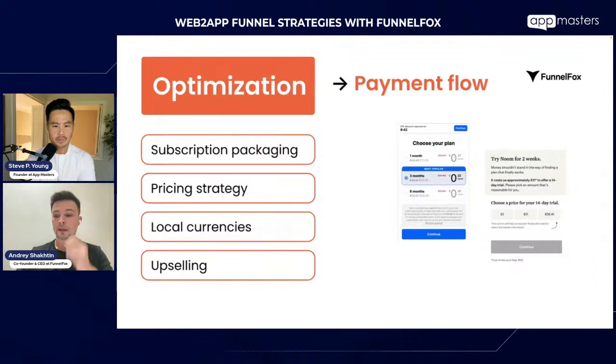Yeah, I would mention the two most common subscription configurations that can be used in web funnels, and it seems they're successful for the majority of products. The first is 3 plans, as you can see on the first screen. It's a 1 month subscription, 3 month subscription, and half a year, 6 months.